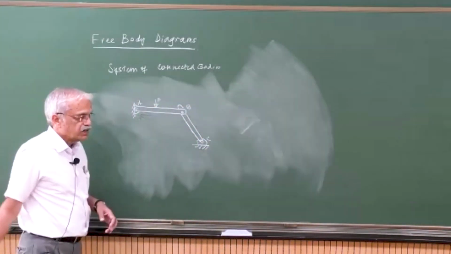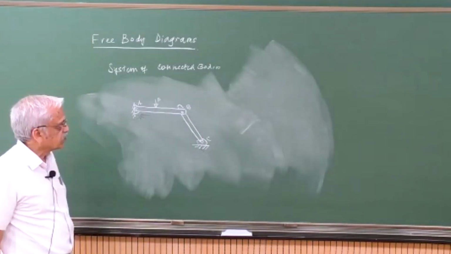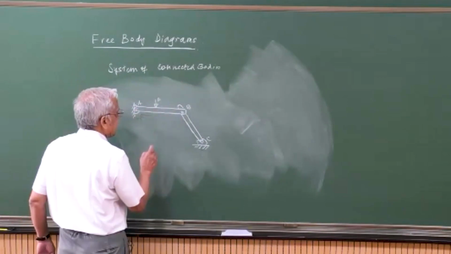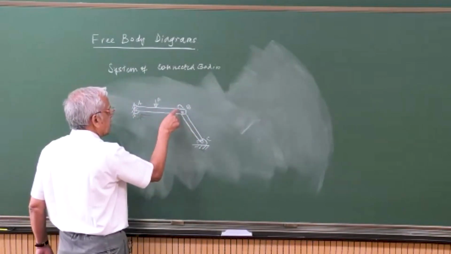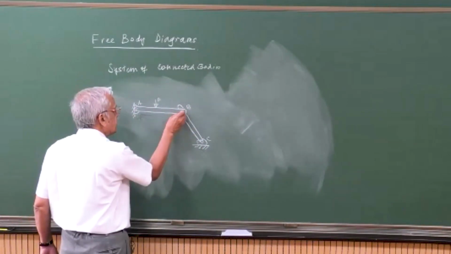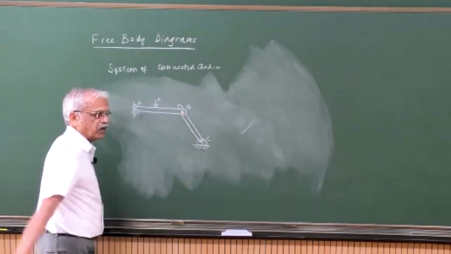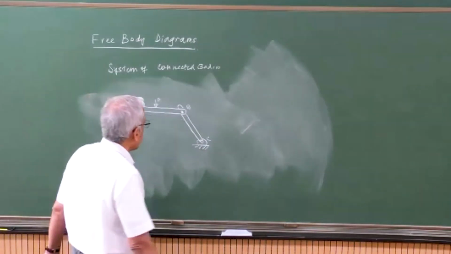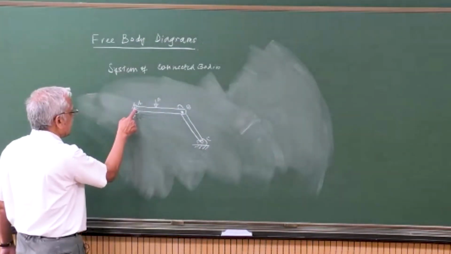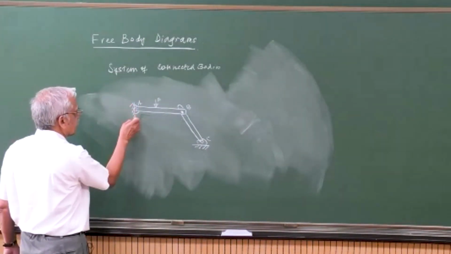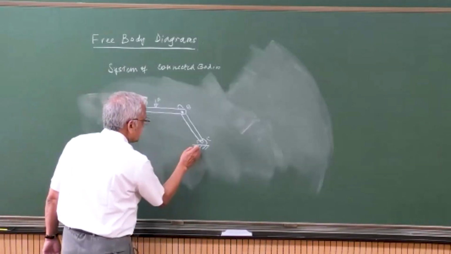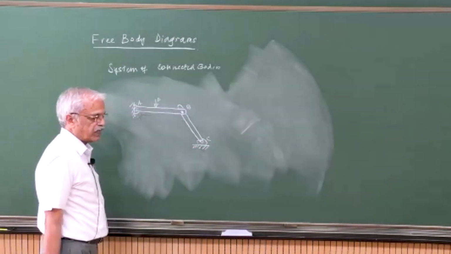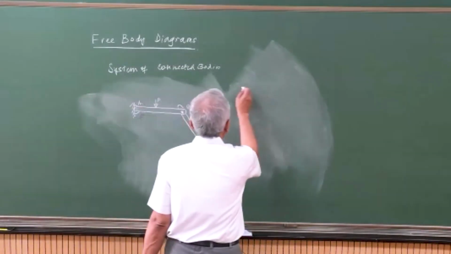Here you want to know the forces coming on the link AB and link BC, which are connected by a pin here. Similarly at A, it is connected to the vertical wall by a pin, and at C, it is connected by a pin to the horizontal ground.